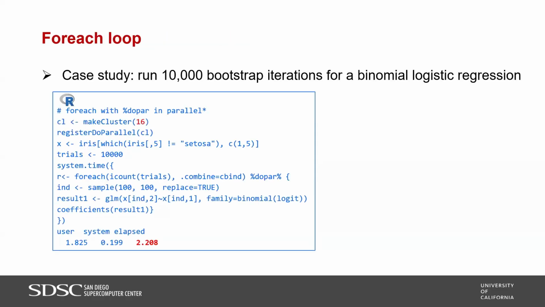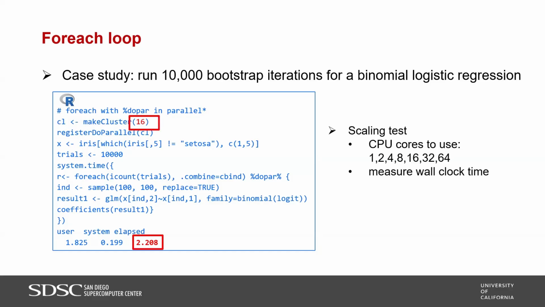Now back to our case study, running 10,000 bootstrapping iterations. We know that using 16 workers, the bootstrapping can finish in 2.2 seconds. How about we change our CPU cores from 1 to 4, 8, 16, 32, and 64, and then measure the wall clock time.